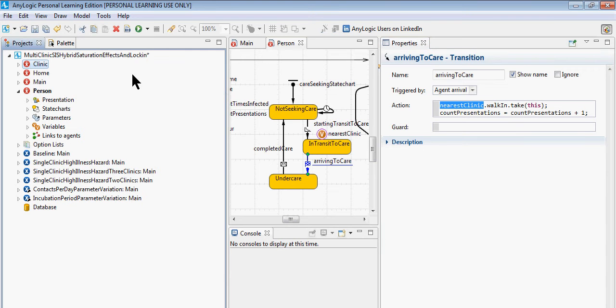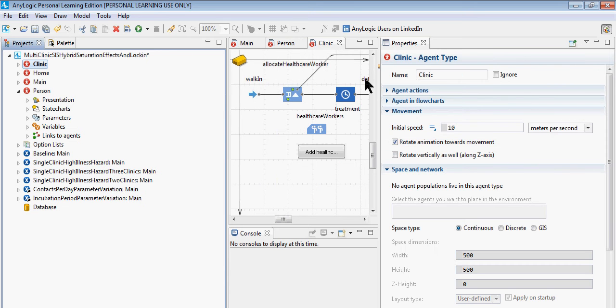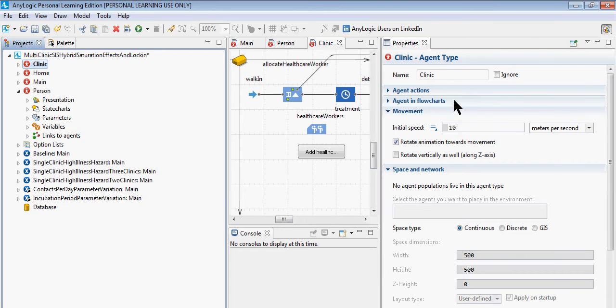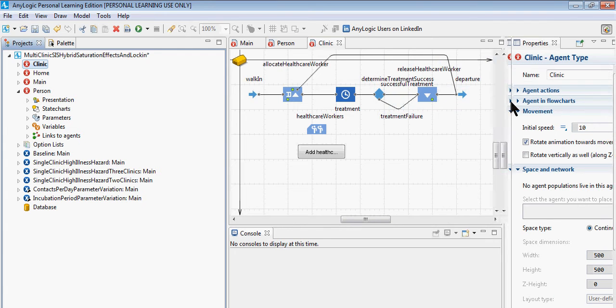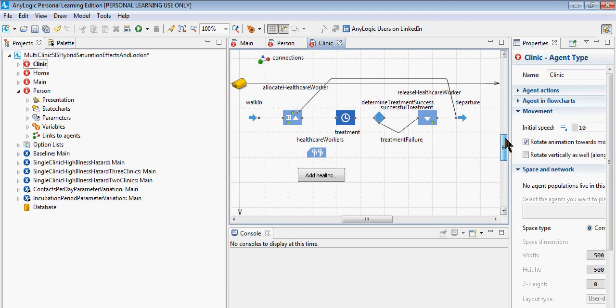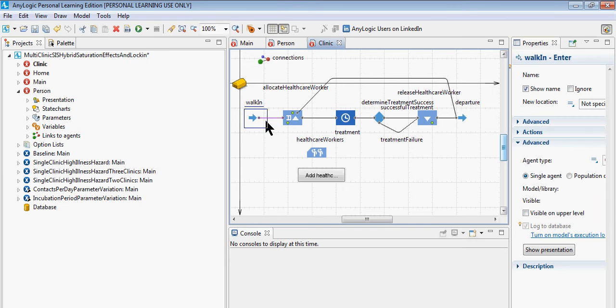And notice when they arrive for care, this is the essence, the key nexus of the model. One of the key nexuses, probably the single most important. When I arrive, I tell the clinic, take me in as a walk-in.